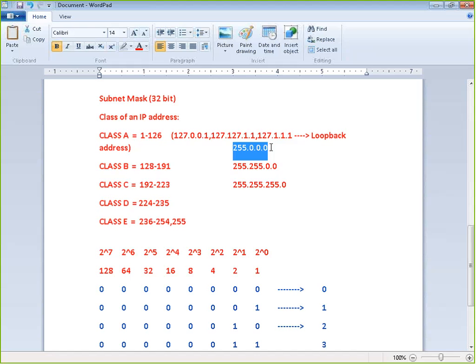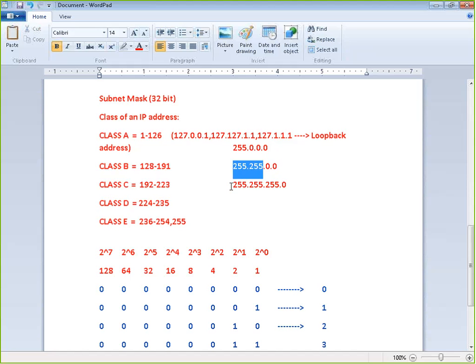Well, not convincing enough, but let me explain that to you. If you look at this particular value, you would notice that in the first octet, all the bits are ones, but in the remaining three octets, all the bits are zeros. Similarly, in this subnet mask, in the first two octets all the bits are ones and the remaining bits are zeros.